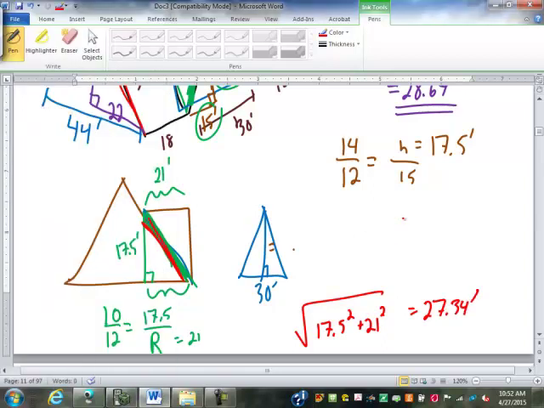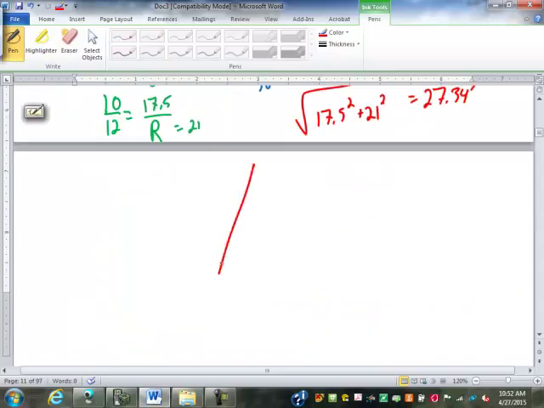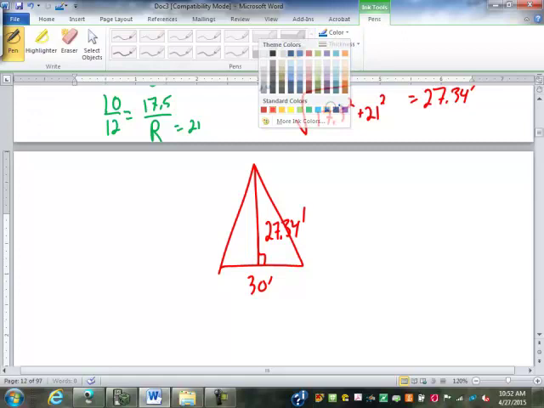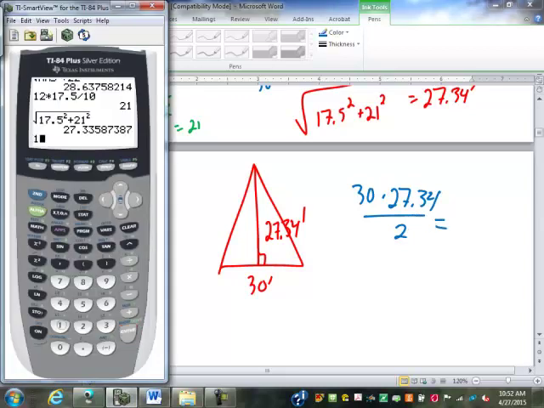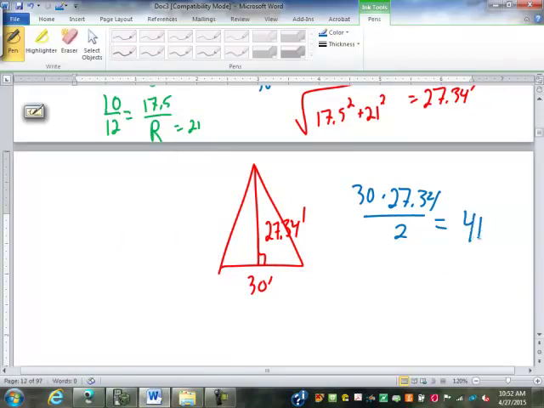So the area that is missing underneath that dormer is a triangle that is 30 feet wide and 27.34 feet high. So, of course, that area, base times height divided by 2, giving us 410 square feet. So it's missing for that dormer.